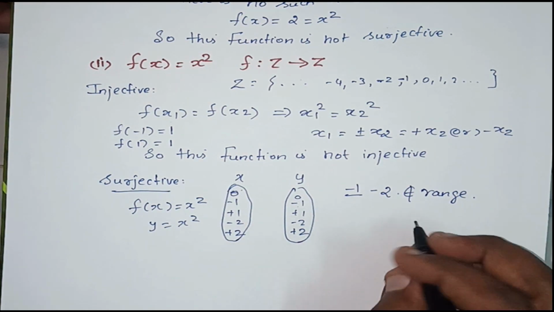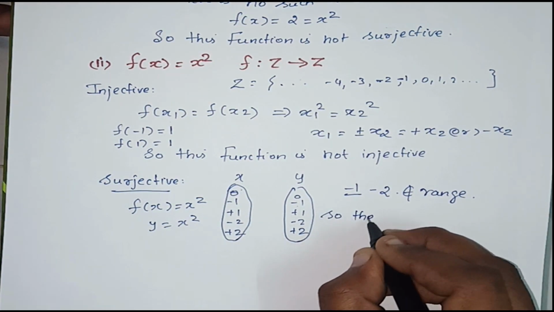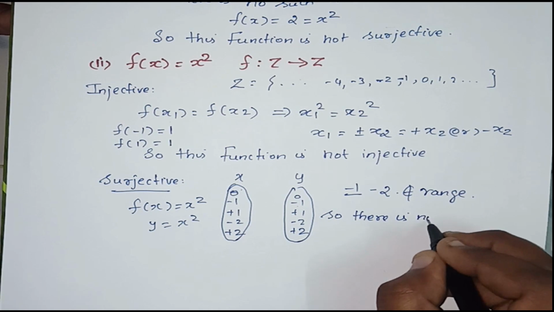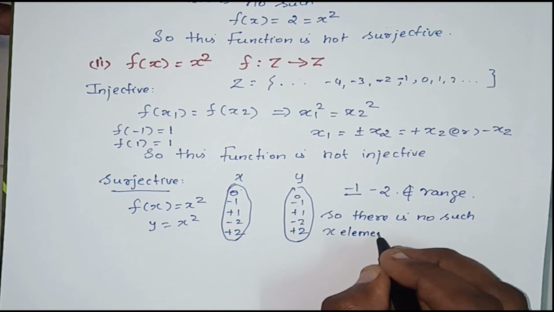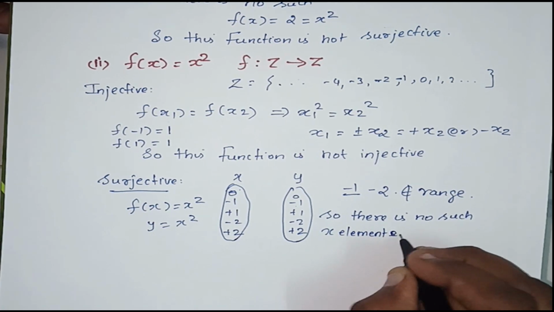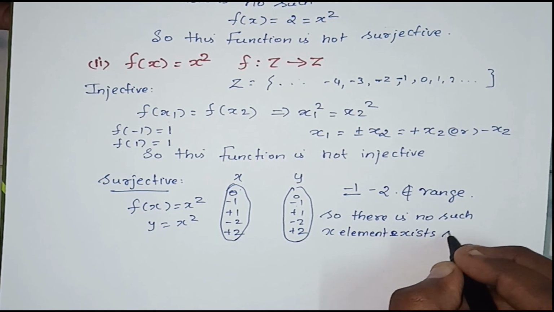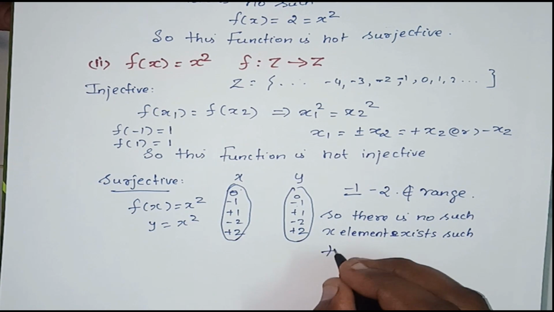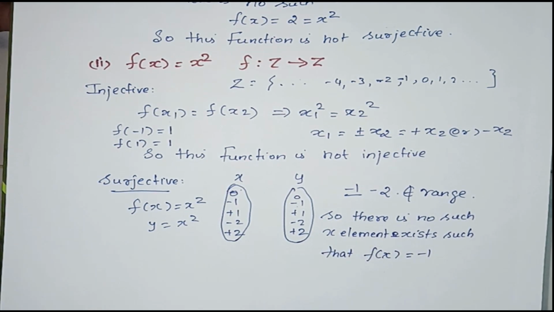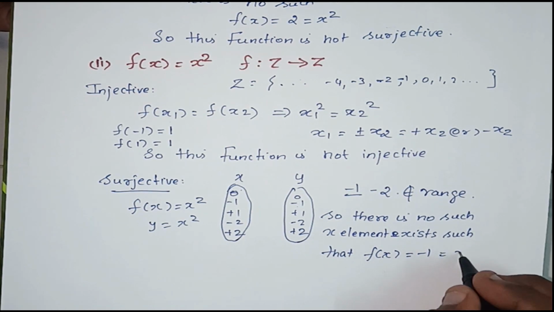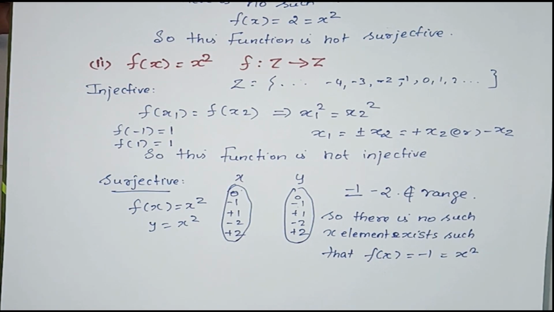So there is no such x element that exists such that f of x is equal to -1, that is x square, right?